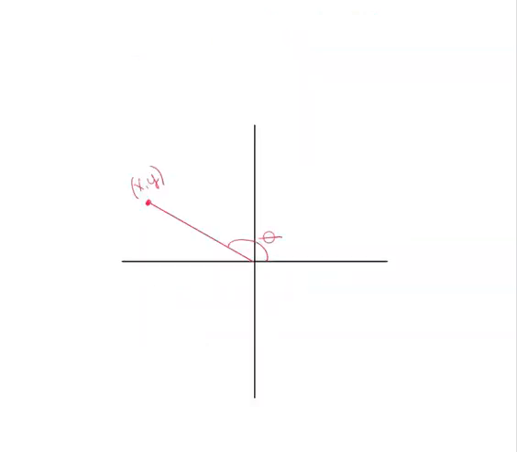So what's the point? Well, the point is that we can use reference angles to evaluate trigonometric functions. So let's consider the point xy on the terminal side of theta, like we see in this picture here. We know that the sine of theta is y over the radius, the cosine of theta is x over the radius, and the tangent of theta is y over x.